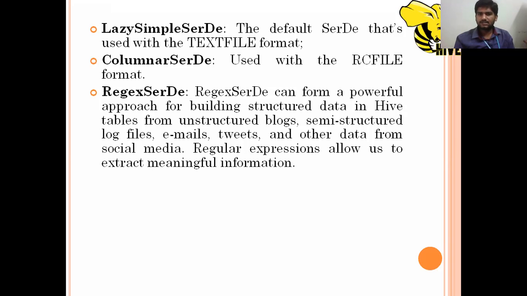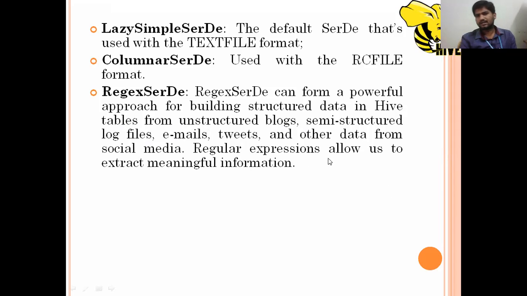RegEx serializer can be a powerful approach to build structured data in Hive. Whatever we store in the enterprise data warehouse should be in a structured format. So that is why we build structured data in a Hive table from unstructured blogs or semi-structured log files, emails, Twitter, or other forms of social data.